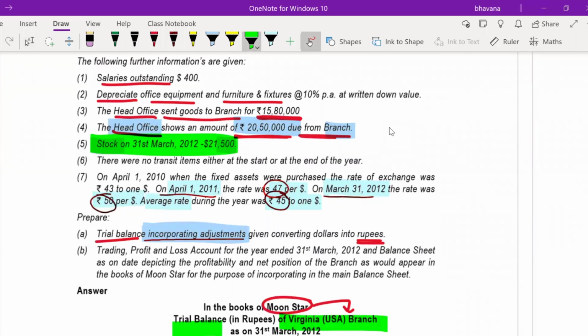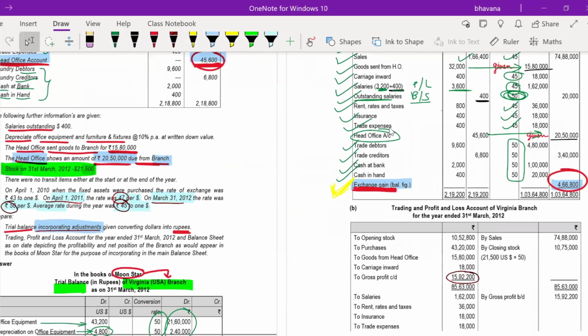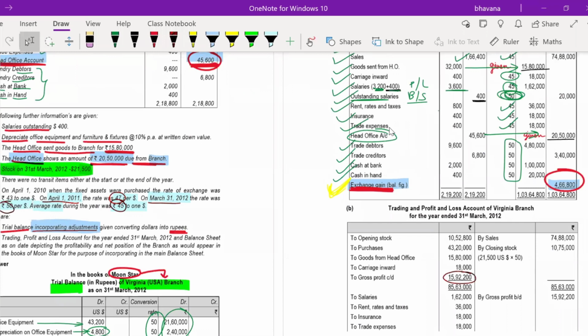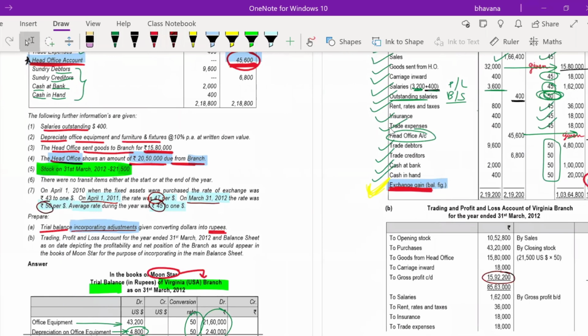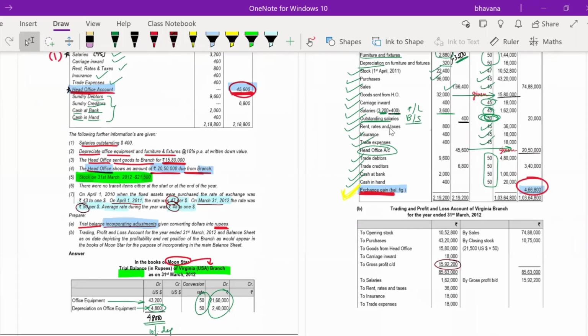Why did we not incorporate it into the trial balance? If you know, say yes. If you don't know, say no. If anybody knows, let me know. I'll give you 1 minute. I'll let you think. Then only in the exam also you'll think why we did not do this here. Closing stock.